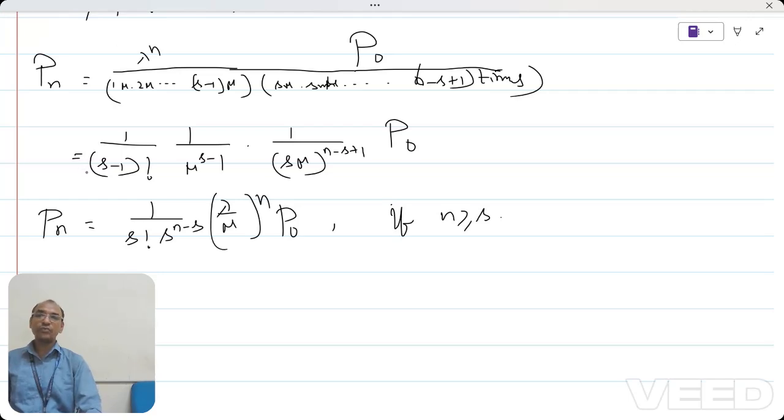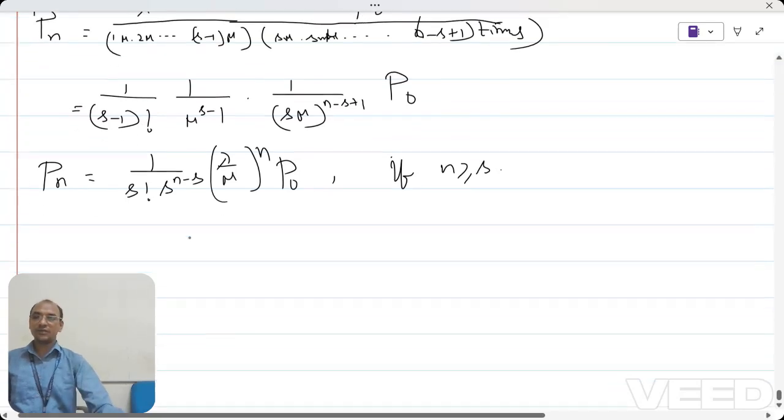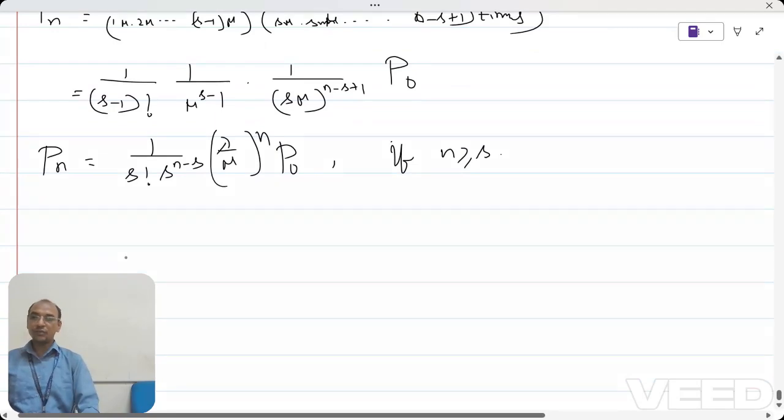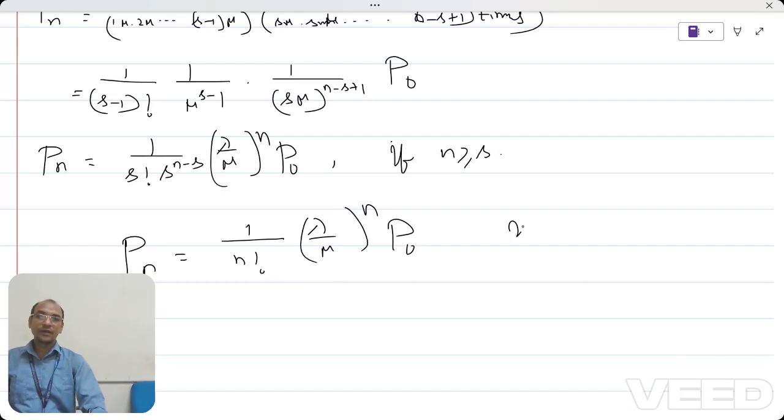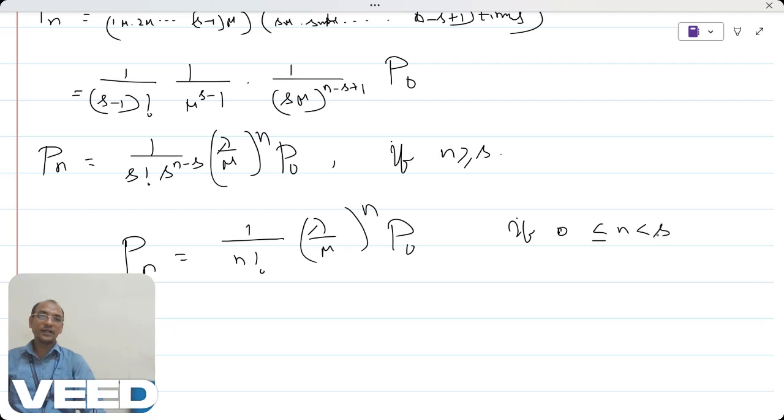So we are having two values of Pn, when n is less than s and when n is greater than or equal to s. We can write both the values of Pn like this. Pn will be 1 by n factorial lambda by mu to the power n into p0 if 0 is less than or equal to n is less than s.